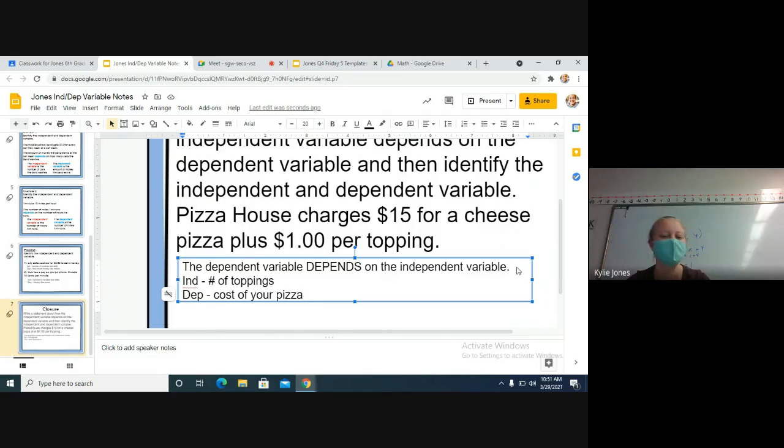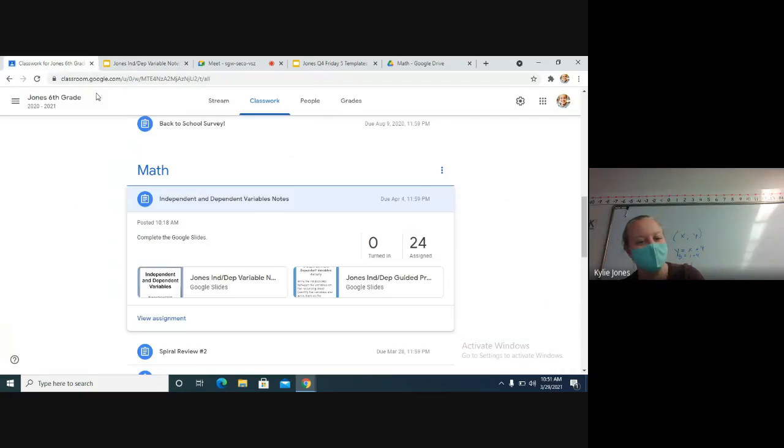Actually, maybe we'll be done for today, and we'll start with the guided practice tomorrow. Do a few together and let you guys work on an assignment tomorrow. Let's do that. So don't turn this in just yet, because there is a second part of the assignment that we're going to start with tomorrow, and then we will have you guys do some independent stuff tomorrow after that. Make sense? Okay, so don't turn it in.